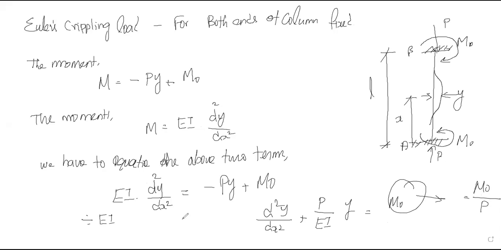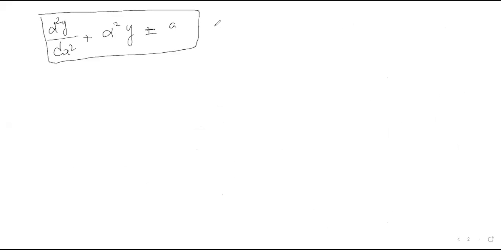Now this equation will be in the form of d squared y by dx squared plus alpha squared into y is equal to alpha squared times a. So the solution for the above equation is y is equal to C1 cos alpha x plus C2 sin alpha x plus a.